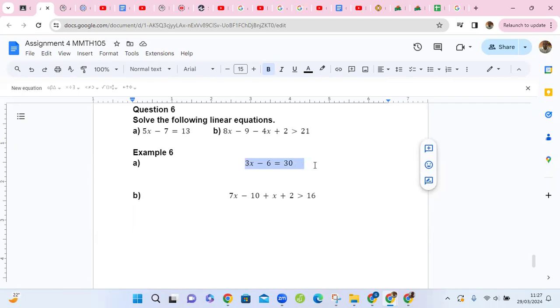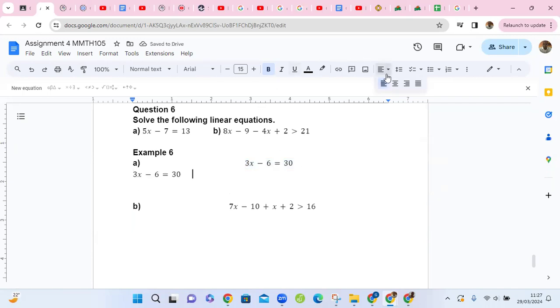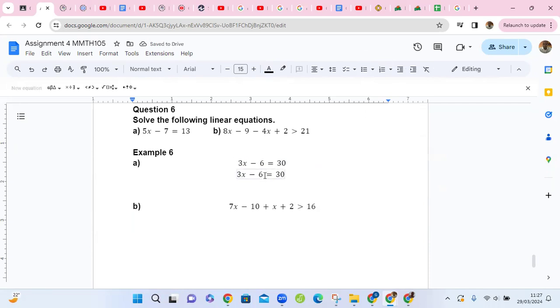So to cancel out -6, we have to add 6 on both sides of the equation. We also call this the golden rule of algebra, whereby whatever you do on one side, if you add 6 on the left side to maintain the balance of the equation so that the equal sign remains valid, you have to repeat the same operation on the right side, or on the other side, whatever side that you start.